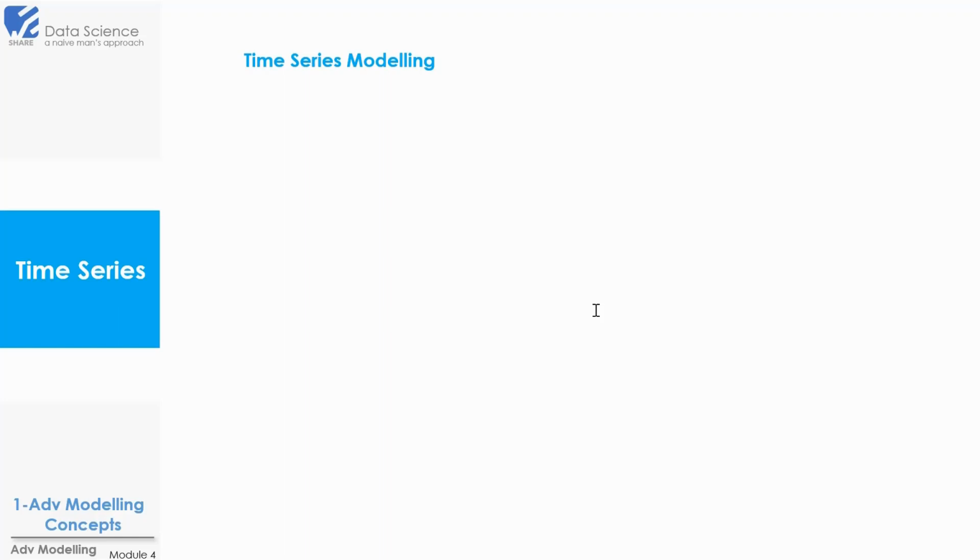So in this section we'll see how can we model time series data. Now there are 2 types of modeling for a time series data. First is the additive modeling, which is given by the following equation. Here yt is a response variable as a function of time that is being modeled here.